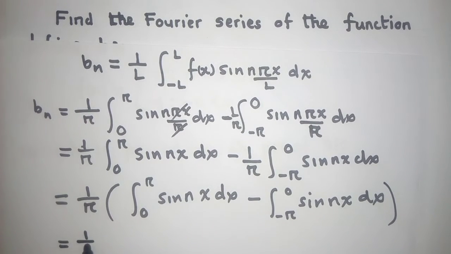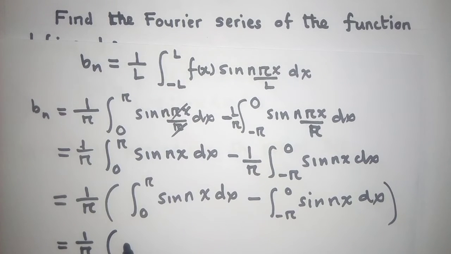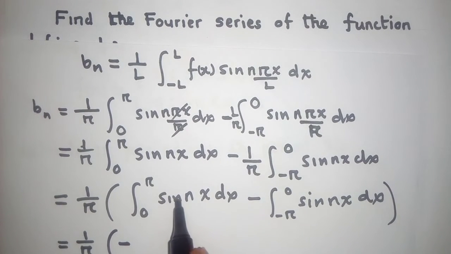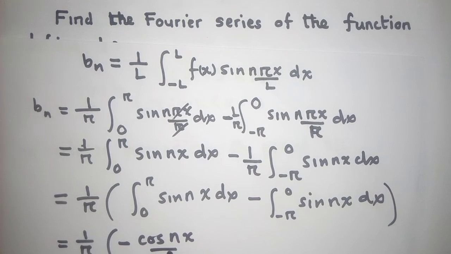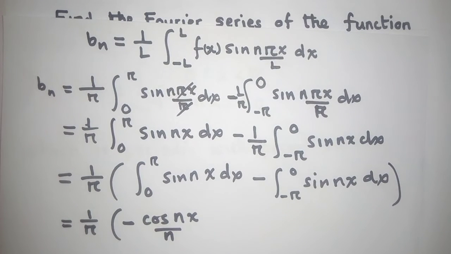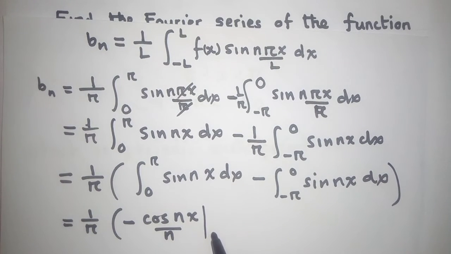The 1 over pi is outside, and we have a negative, because we know the integral of sine is negative cos nx over n. The limits 0 to pi. Here we have a minus.